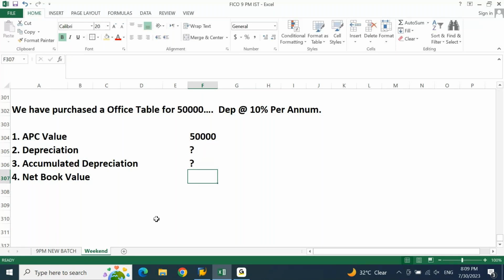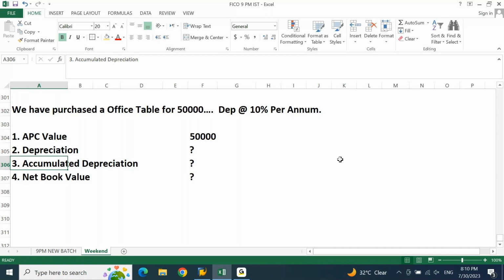This is also a question mark, which means whenever you take any asset transaction, point number one, we need to look at when did we purchase the asset, at what rate we purchased the asset, and what is the depreciation on it. We purchased the asset for 50,000, so 50,000 will become your APC value. On the 50,000, you have depreciation. You also have accumulated depreciation. Now, in your asset purchase, you are able to see depreciation at the rate 10% per annum.